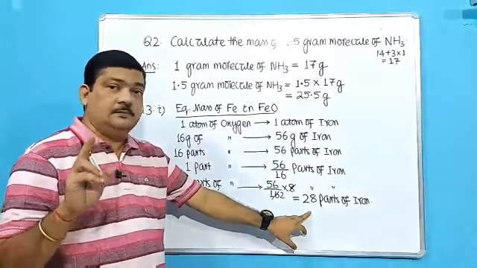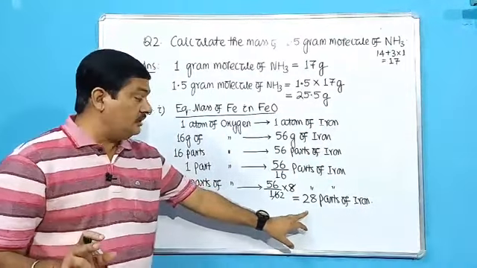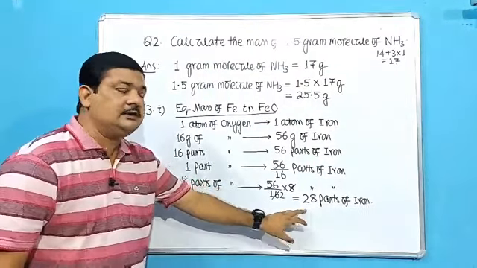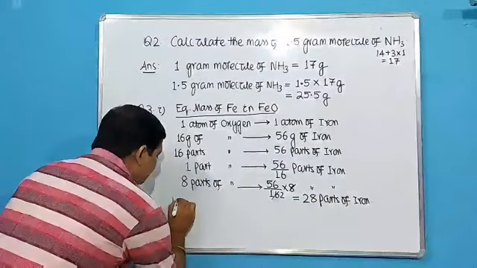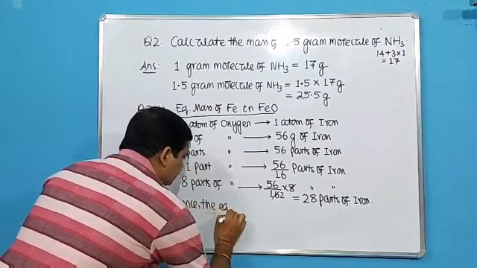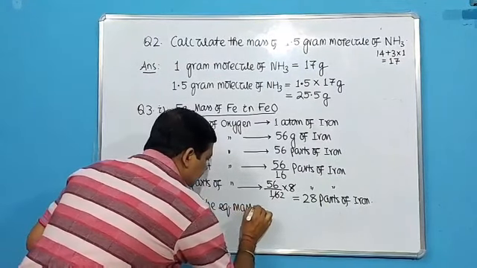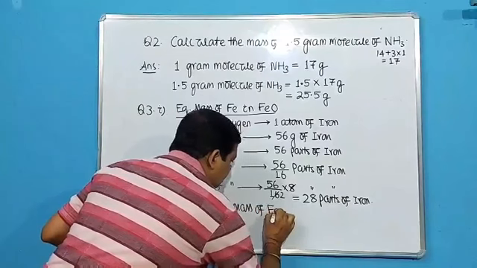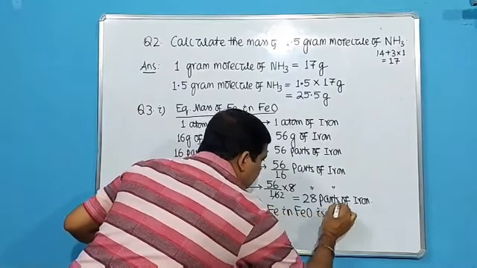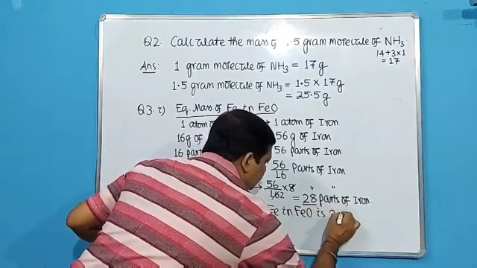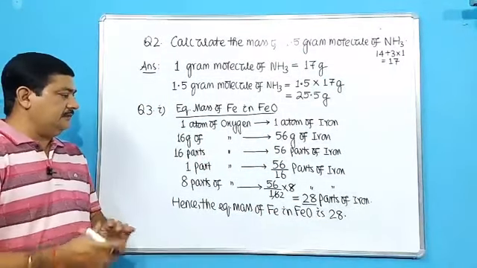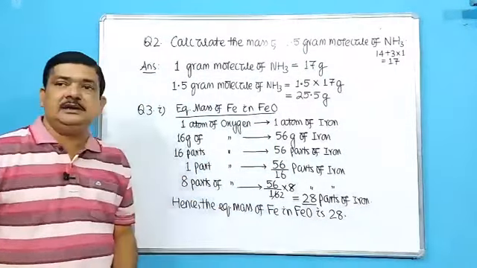As per definition, the number of parts of any substance which combines with 8 parts of oxygen is the equivalent mass. So what will be the equivalent mass here? Not 28. Hence the equivalent mass of iron in ferrous oxide FeO is 28. So this is the answer of bit 1.